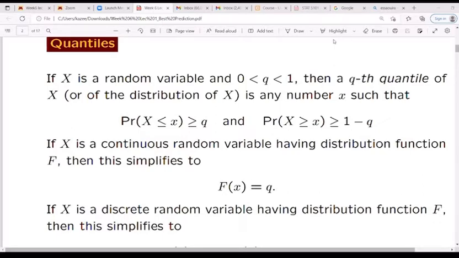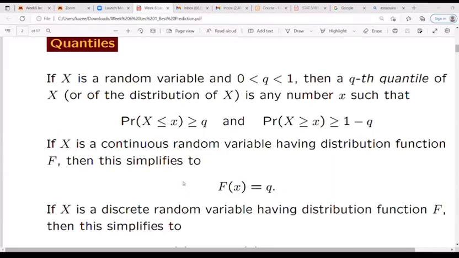If a continuous random variable has a distribution function F, we've done distribution functions the other time, we can equate the CDF, the distribution function, to Q. So before you can figure out quantiles, the distribution function of the particular random variable must exist.